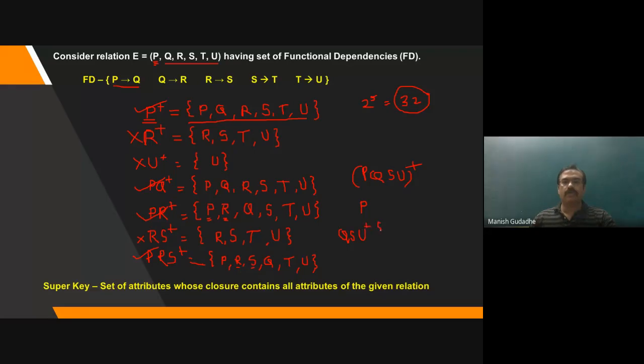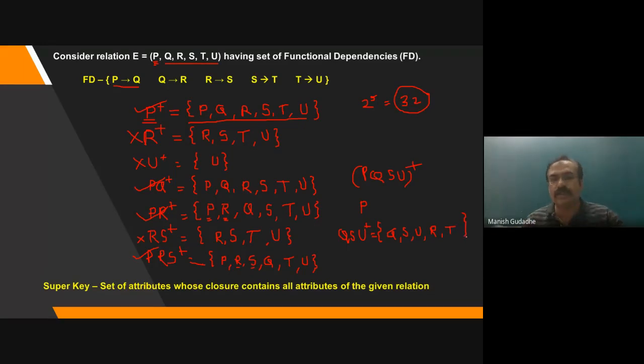Let us try to find the closure of QSU. What will happen? It is going to give you Q, S, U. Q can infer R, R can infer S, which is already there. S can infer T, and T can infer U, which is already there.